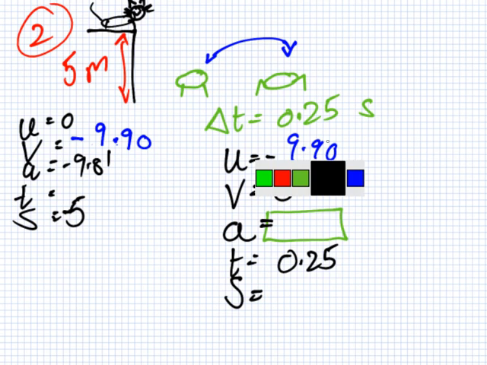So if we calculate the A here by using V squared equals U squared plus 2AS, oh no, I can't use that because I don't know the S, so I should use V equals U plus AT. So I get a very big A, 39.6.